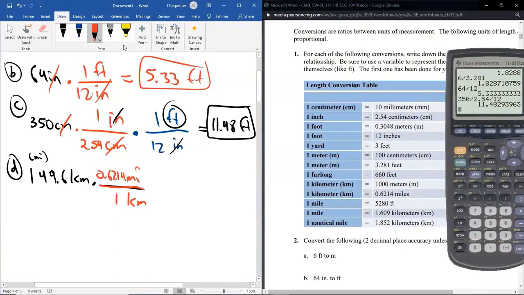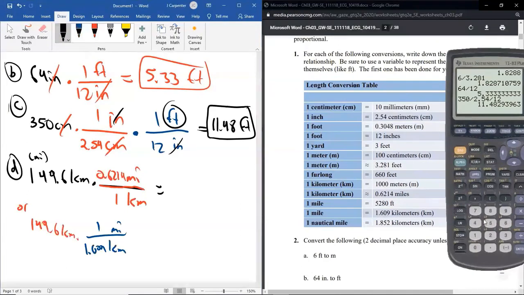Or I could have done it this way. I could have used the 1 mile as 1.609 kilometers, so km in the bottom, miles still in the top, but now it's 1.609 in the bottom and 1 in the top. You'll get basically the same answer when rounded to the nearest tenth afterwards.